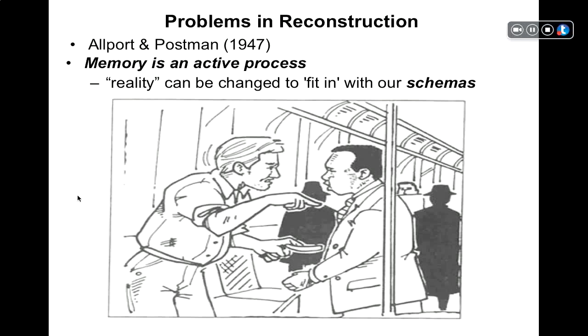I hope they have, but stereotypes about who commits crime or who is more likely to mug who back then probably were more permeated by racial prejudice and discrimination than they are now, one would hope. But this is what's happening, and that was how the results were explained: we have expectations, these schemas, and then we're changing the actual events so that they correspond with our schemas. So memory is active.